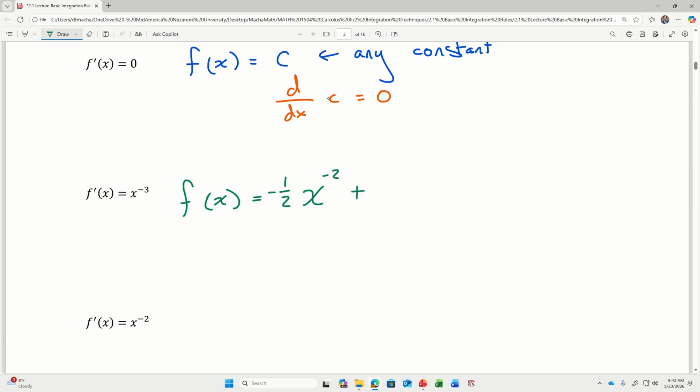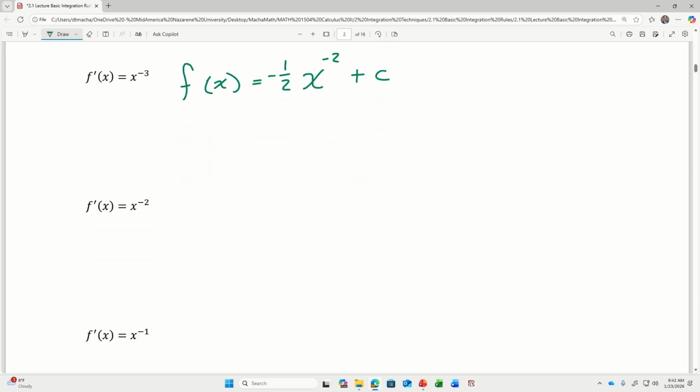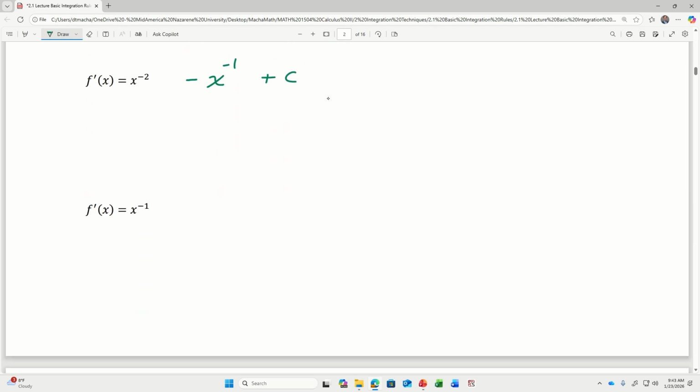Yeah, and plus the constant if I want to. If my derivative is x to the negative 2 power, what would have been the original function, Kyle? Negative x to the negative 1 power. Very good.